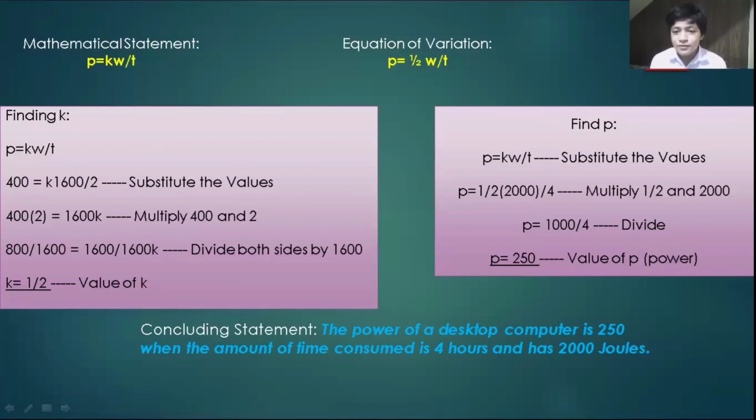We multiply first 1/2 and 2000. Next we divide 1000 over 4. So the value of P is 250. Concluding statement: the power of a desktop computer is 250 when the amount of time consumed is 4 hours and has 2000 joules.